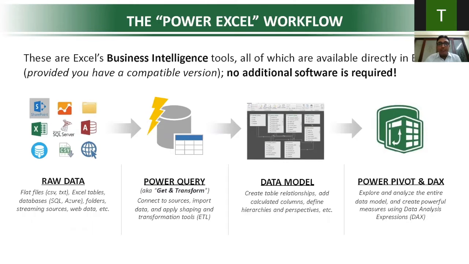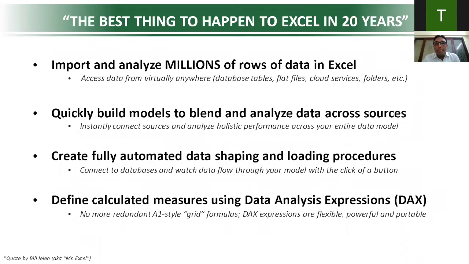In today's session, there are some of the best things that happened to Excel in 20 years. So these are some of the options which we can see, that is what happened to Excel in the last 20 years. So now we can import and analyze millions of records, millions of rows of data in Excel, right?